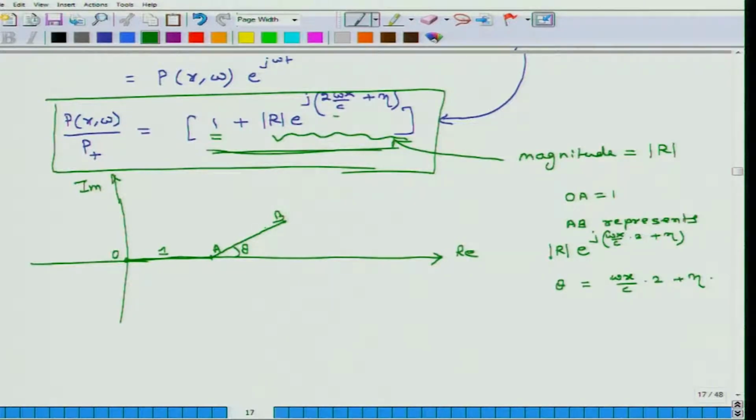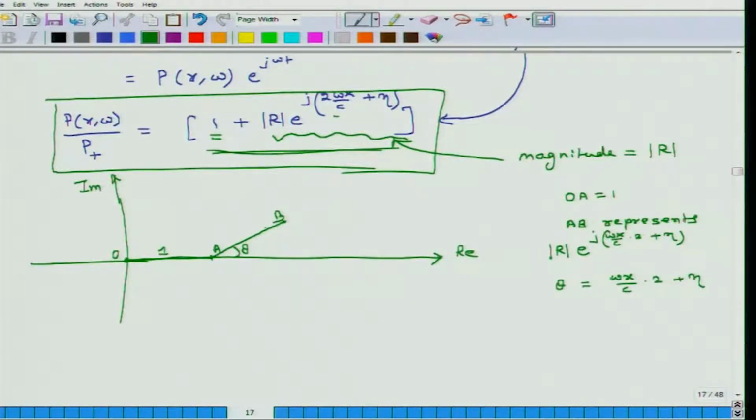Okay. Now the value of x in this Kundt's tube could be anything. At x equal to 0, theta will be 0. At different values of x, it will have different values. So I am going to draw this line a little shorter. So this is B, and this angle is theta.